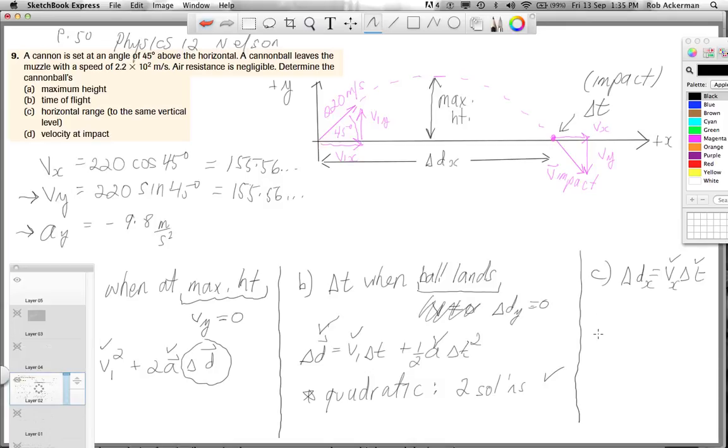What they're basically asking here is to find delta D x when delta T is the same as what we had here. So basically at the landing time.